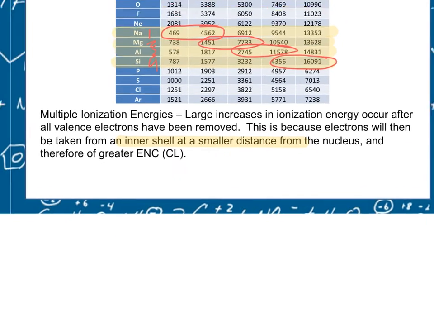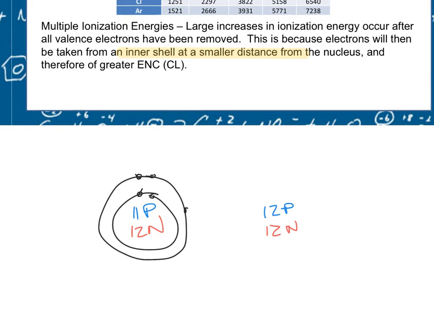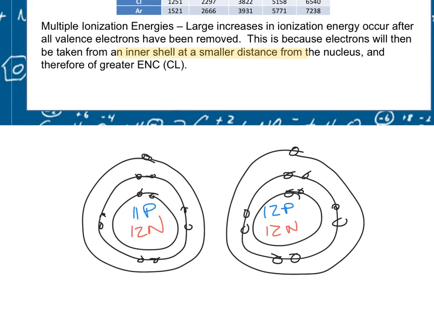So if we compare magnesium and sodium, 1s2, 2s2, 2p6, 3s1, 1s2, 2s2, 2p6, 3s2.